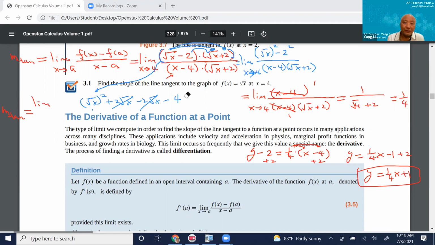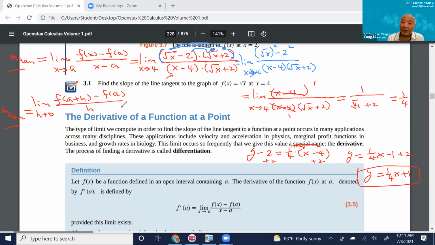That's the time we learned about limits: limit as h approaches 0 of f(a + h) minus f(a), divided by h. This is another format. This is one format, this is another one. Both represent the slope of the tangent line.